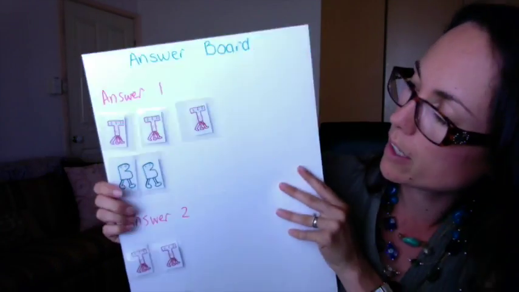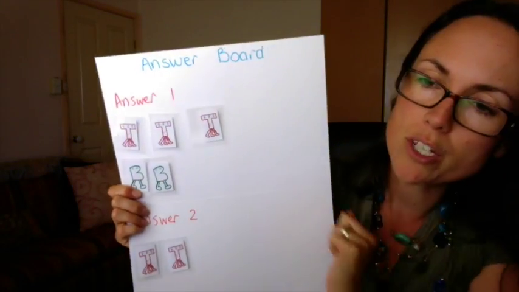So answer number 1 has now 1 tripod. So we need to work out 13 minus 3, which is of course 10. If you get stuck with that, you can use some Lego pieces to work that out. So we have 10 legs left.